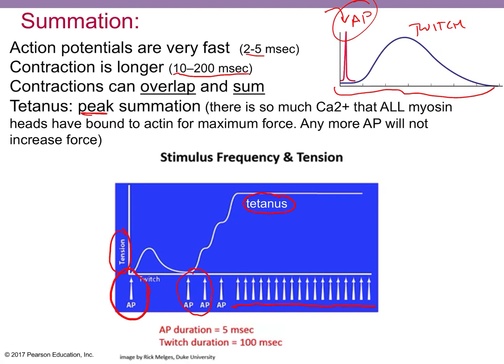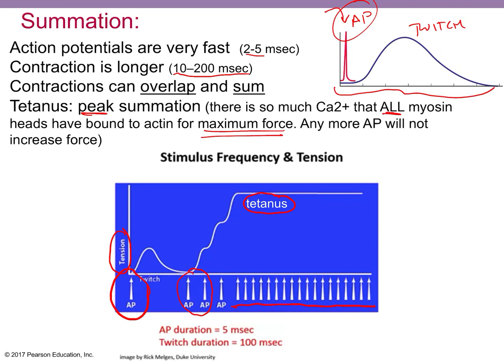It's where, molecularly, all your myosin heads have bound to the actin for maximum force. Any more action potentials are not going to increase this force because you've maxed out your entire muscle force, all your myosin heads binding to actin. So that's summation, and tetanus is basically the peak of summation.